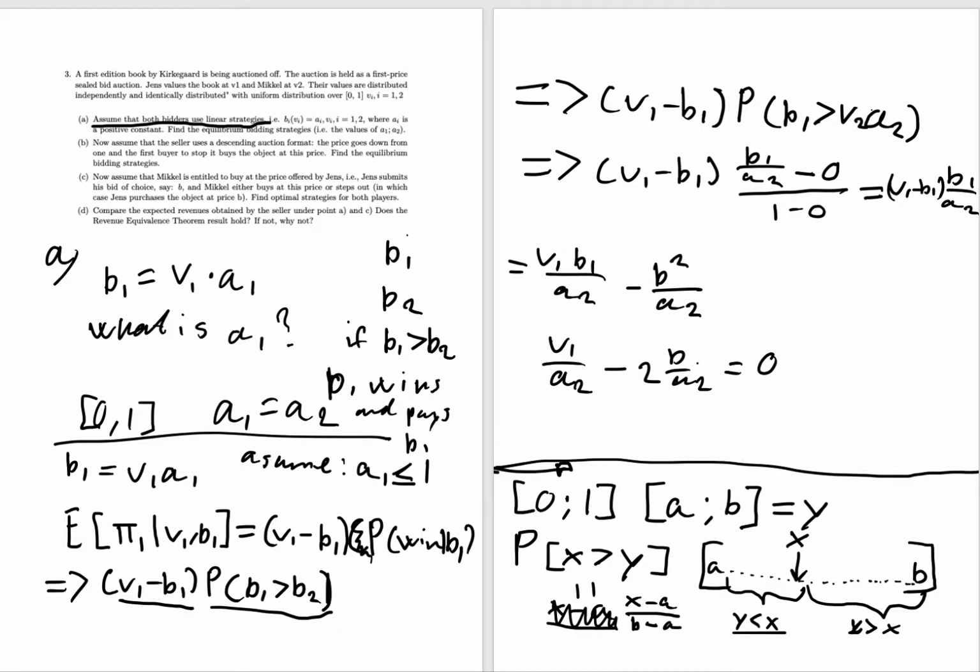And remembering this right here. And this means now that we have the bid, which is equal to the value here, the valuation, divided by the 2 from over here.